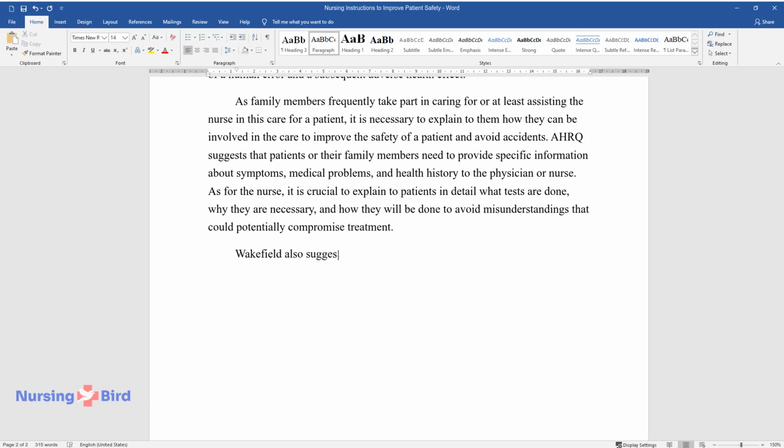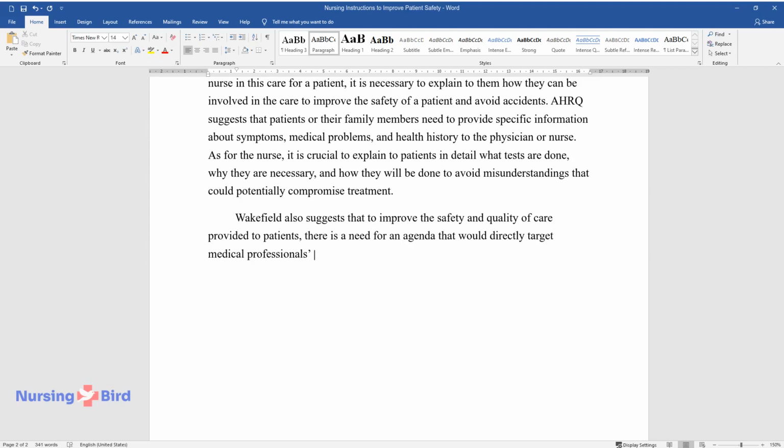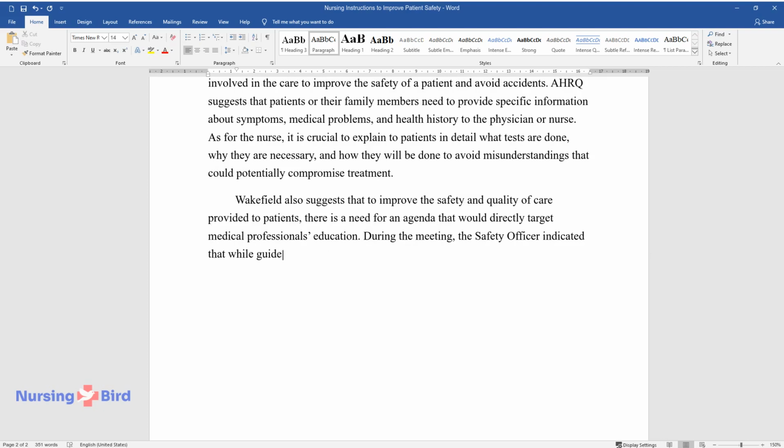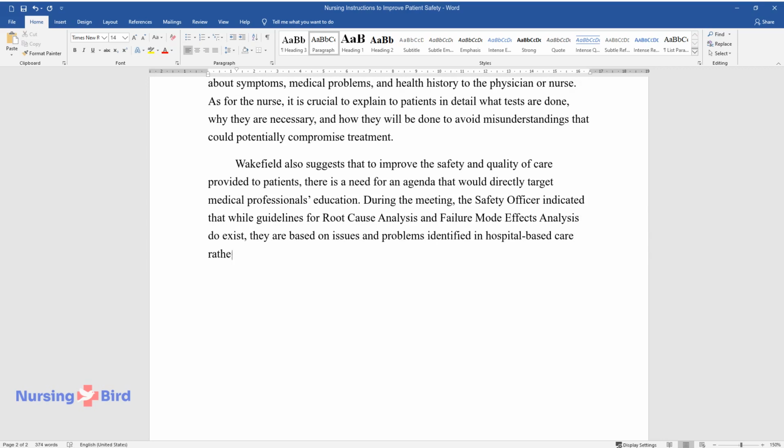Wakefield also suggests that to improve the safety and quality of care provided to patients, there is a need for an agenda that would directly target medical professionals' education. During the meeting, the safety officer indicated that while guidelines for root cause analysis and failure mode effects analysis do exist, they are based on issues and problems identified in hospital-based care rather than home care.